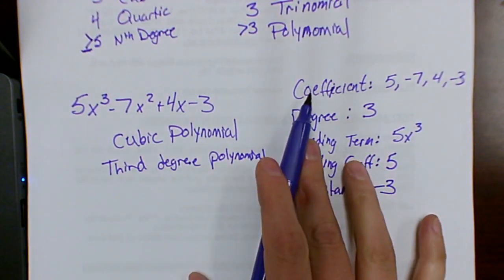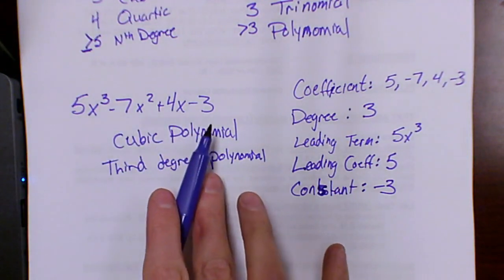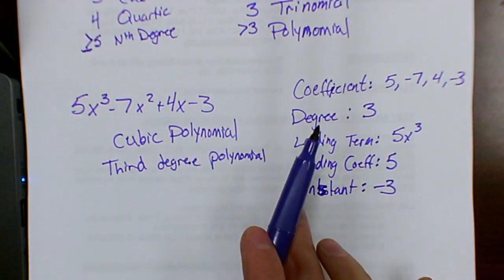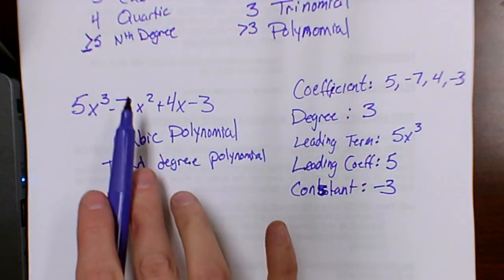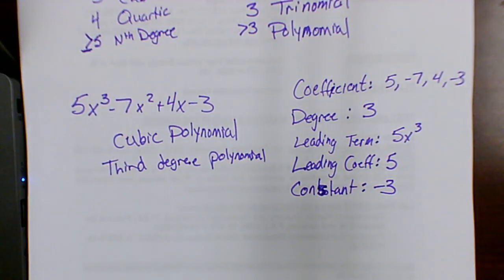So coefficients are the numbers in front of the variables. Degree is the highest power that we have of our variables. The leading term is that very first term, or the term with the highest power. And then the leading coefficient is that number of the leading term. And then the constant is the number without variables.